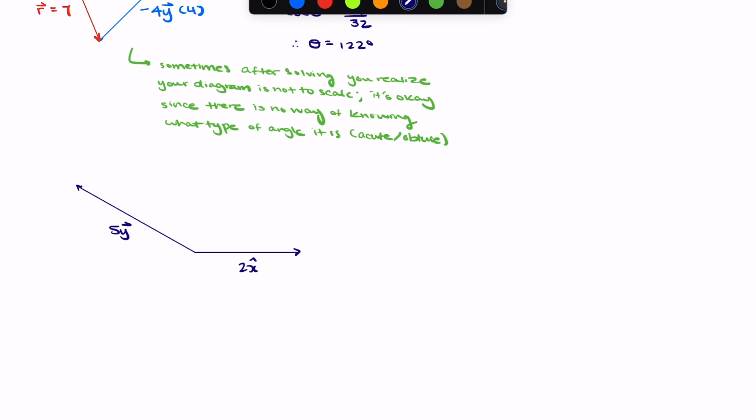Okay, so here, again, we can move this 5y so that it's easier to calculate. And again, our resultant vector will be here.